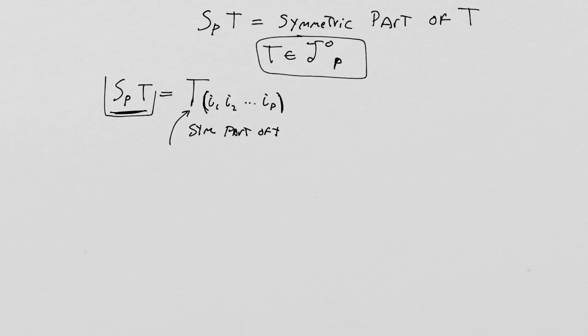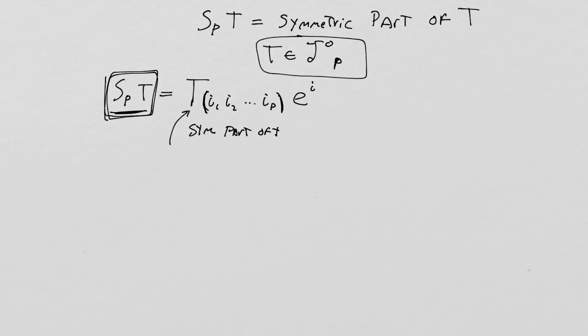The operator S_P on T returns something we're calling the symmetric part of T. So when I put these parentheses here, it's telling me I'm really looking at a different tensor. I'm not looking at the tensor T. I'm looking at S_P of T.